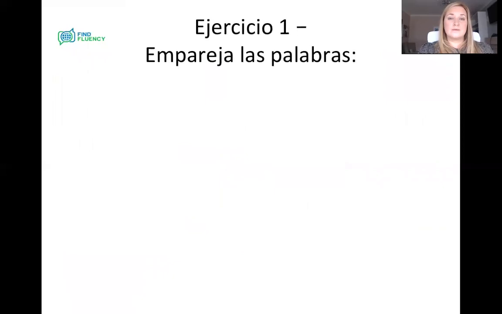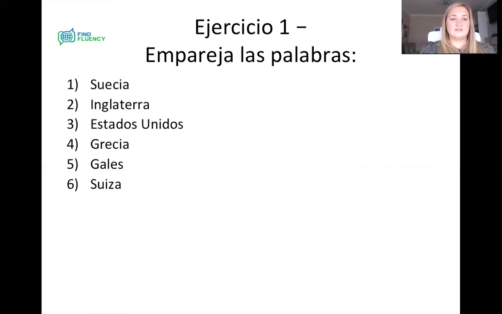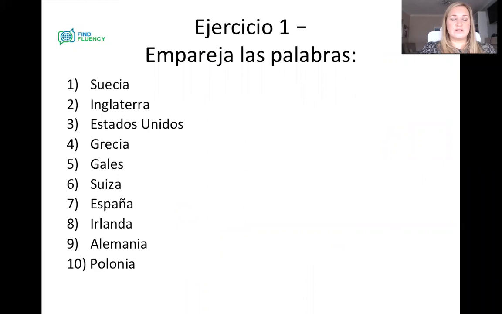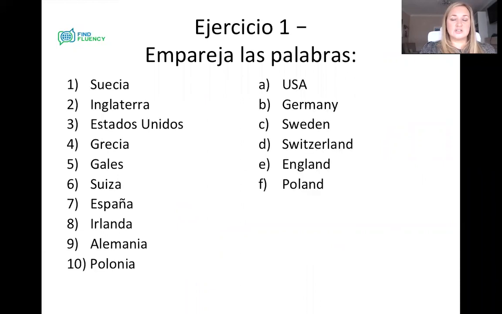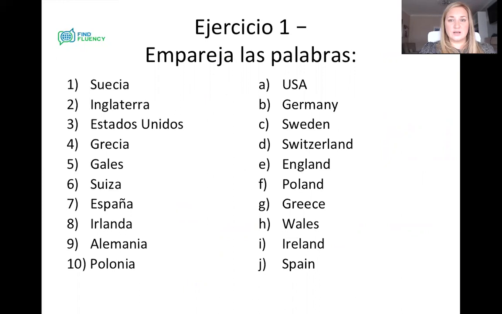Okay, so empareja las palabras aquí. Ejercicio 1, exercise 1, matching up the Spanish and the English words here. All right, so you'll see I've got them numbered down the side, and then they're appearing lettered in English on the other side of the page. All we have to do here is to match up the Spanish word with the English word.